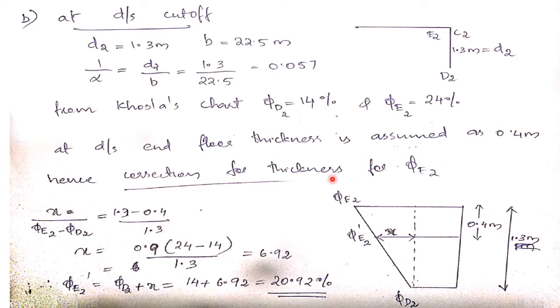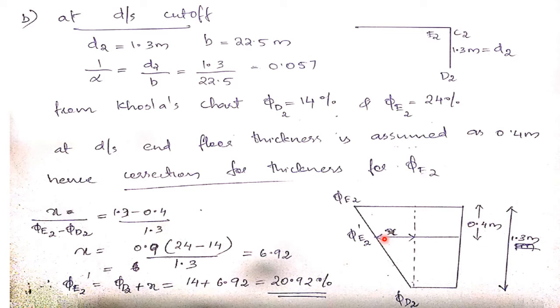Hence, correction for thickness. Next, we are going to find out the correction for thickness for phi E2 using the same method as we have done for the upstream cutoff condition. Here we draw a trapezoid like this, and phi E2 is equal to 24, and phi D2 is equal to 14. Now we have to find out the value phi E2 dash, considering a thickness of 0.4 meter at the downstream end.